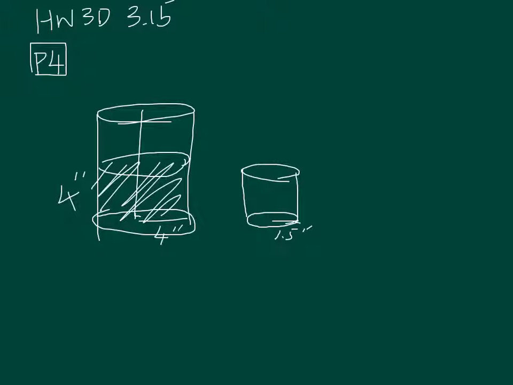So how many times do we have to use this smaller cup to pour into this one? In order to find that, you have to find the volume of the smaller cup, and then also compare it to the volume of the 4 inch deep apple cider, and then you can start.